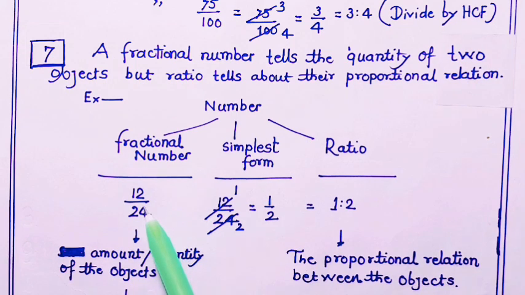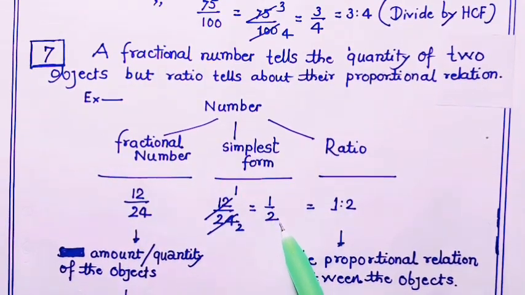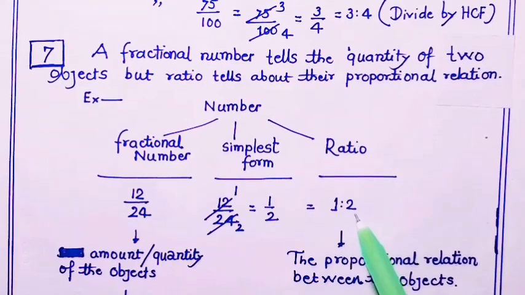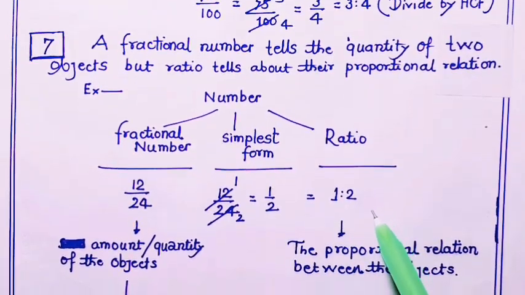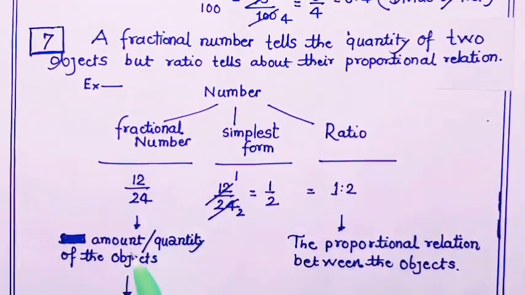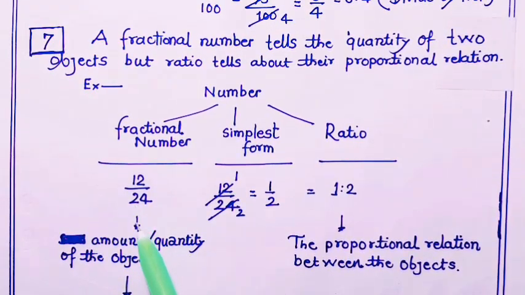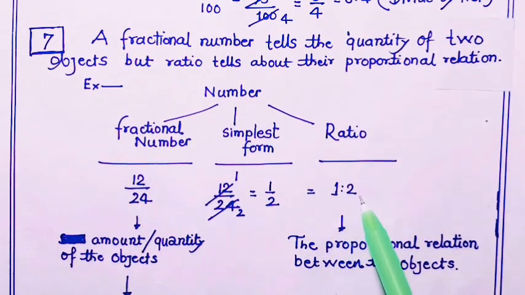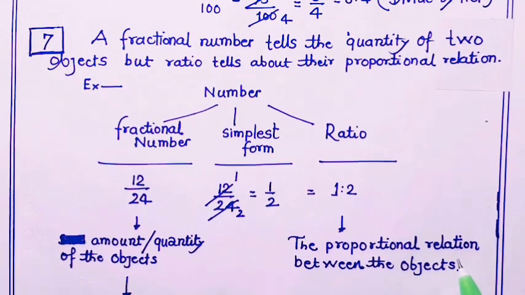Fractional number 12 by 24 will be changed into the simplest form 1 by 2, and into the number of ratio 1 to 2. So 12 by 24 is the amount quantity of the objects, but 1 to 2 is not the quantity, it is the proportional relationship between the objects.